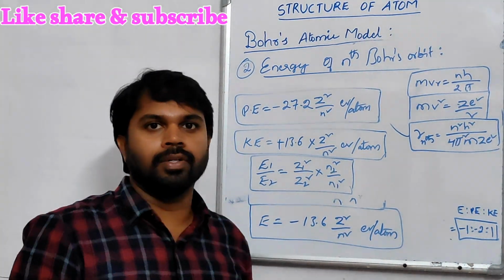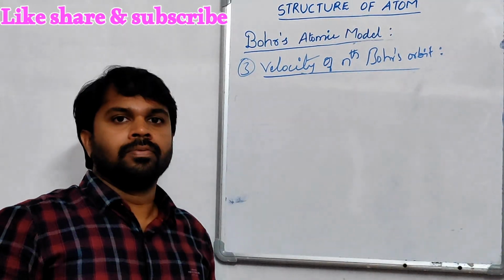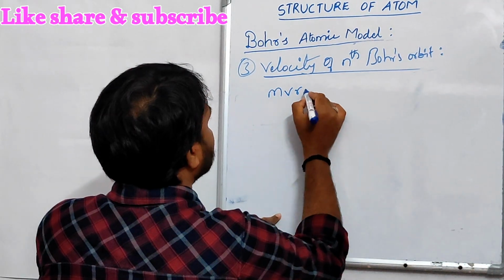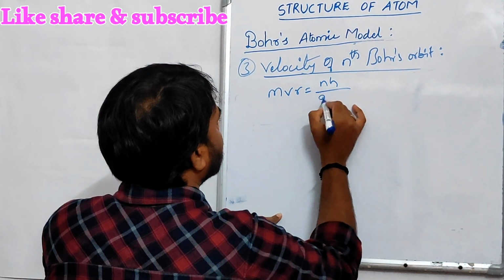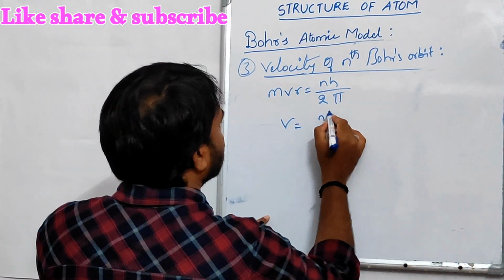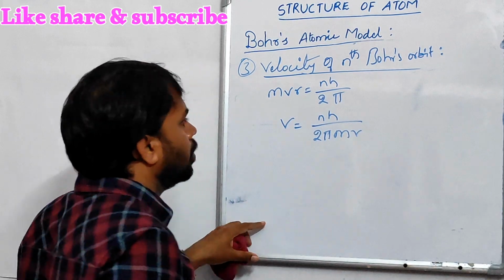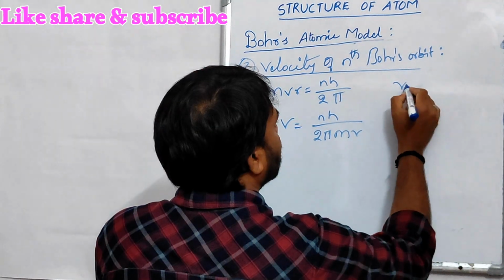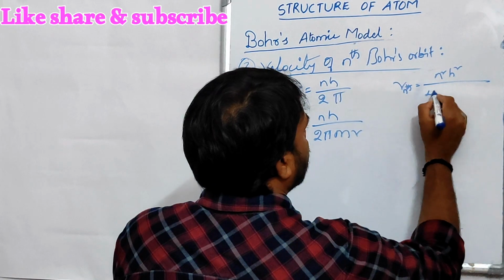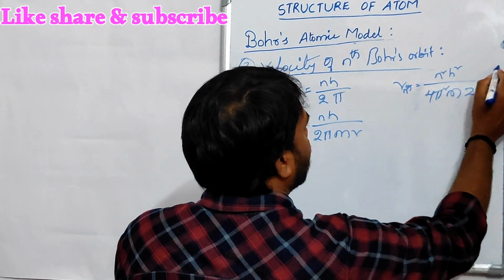Now come to the third one, velocity of nth Bohr's orbit. For that we have a formula, that is mvr equals nh by 2 pi. From this, velocity v is equal to nh by 2 pi mr. We know the radius of nth Bohr's orbit is equal to n square h square by 4 pi square m Z e square.